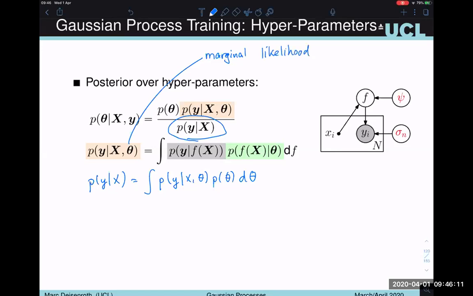Sometimes people also call it the marginalized likelihood, and maybe that is a better expression because it's clearer what it means. Marginalize means integrate out. The marginalized likelihood we get if we integrate out the likelihood, and this term here is the likelihood.